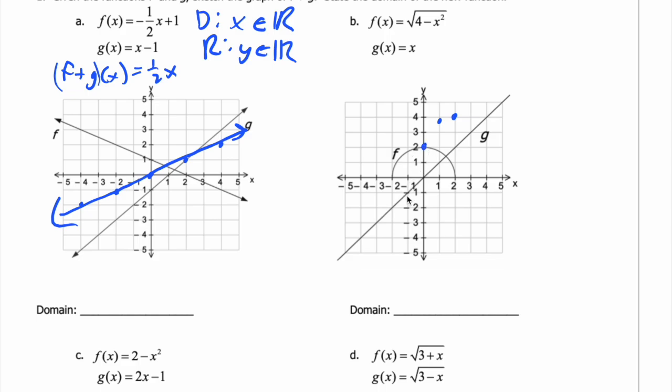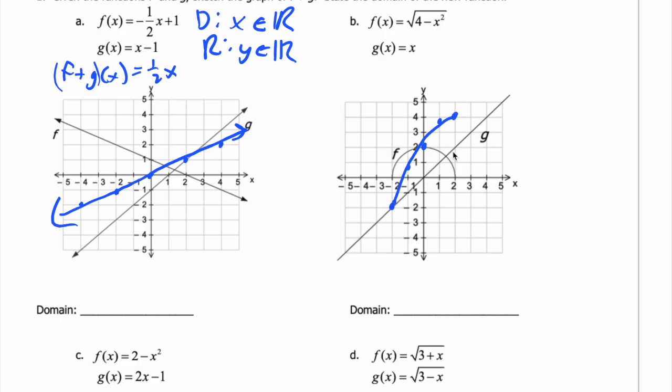Over here, let's go to the endpoint: 0 plus negative 2 is negative 2. And here, negative 1 plus about 1.7 gives you about 0.7. So you're going to get this kind of shape, right? It only goes to here.